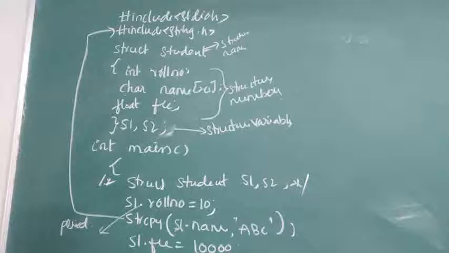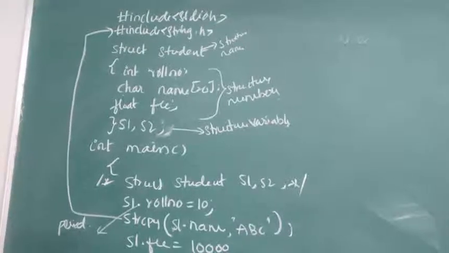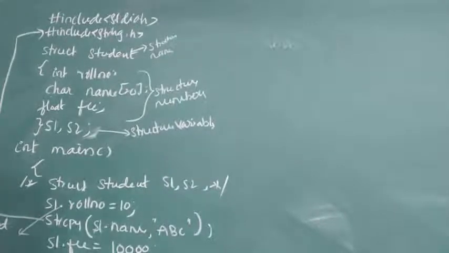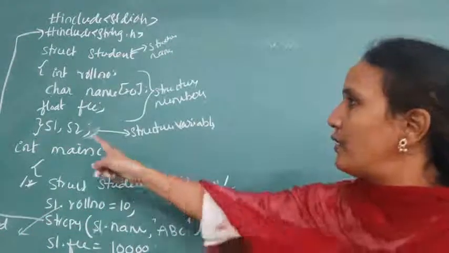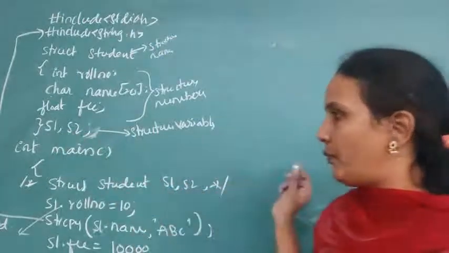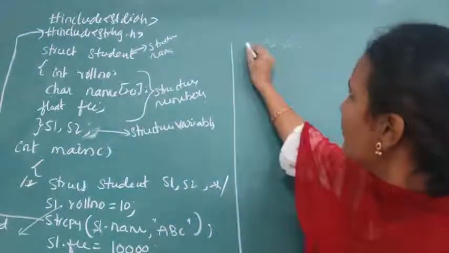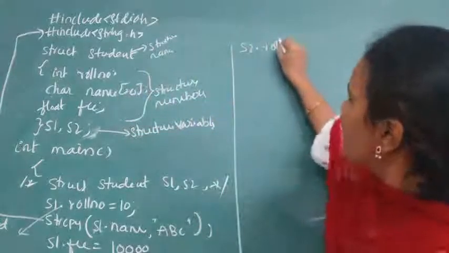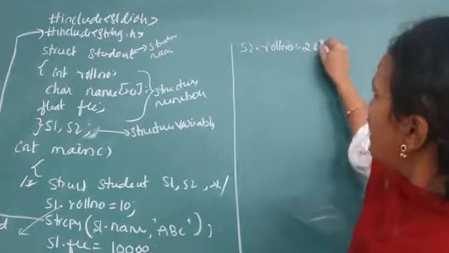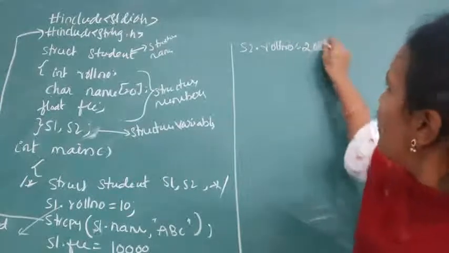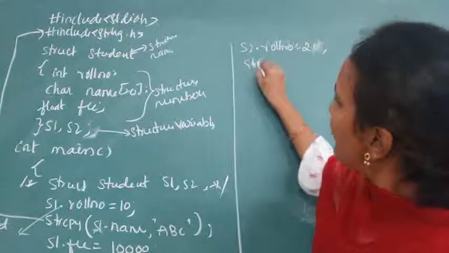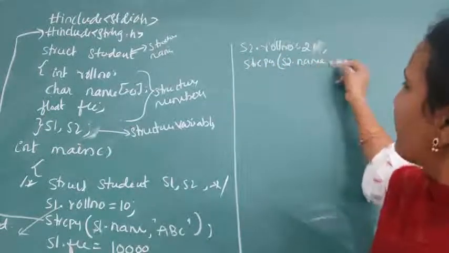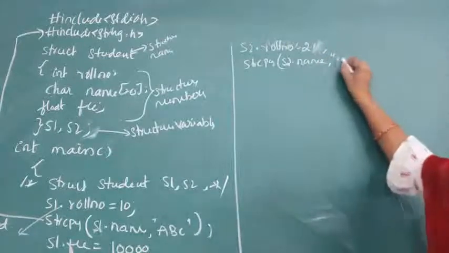First structure done. Now I will assign values to the second structure. One more structure is there now, S1 and this S2. S2 dot roll number equals, example give 20. Now strcpy S2 dot name, example EFG.